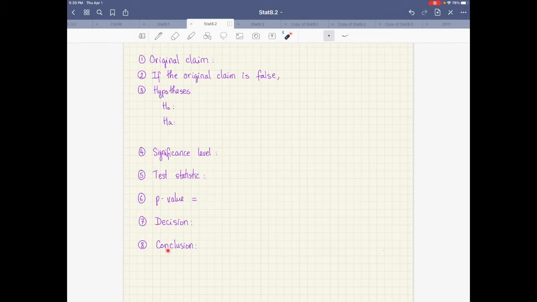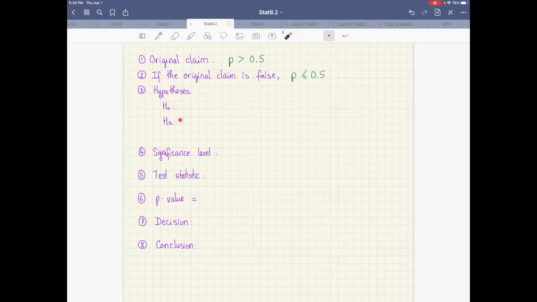These are the 8 steps that I have to finish in order to do my hypothesis test. The first step is the original claim: p is greater than 0.5. Second step, if the original claim is false, that is when p is less than or equal to 0.5.